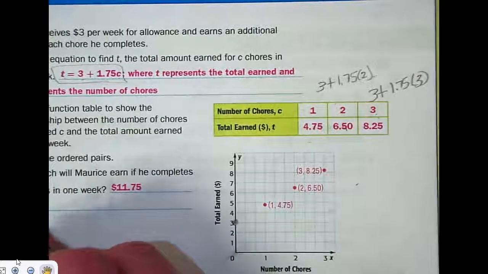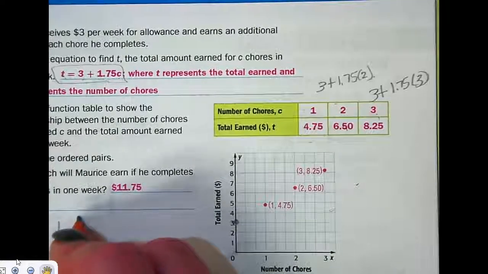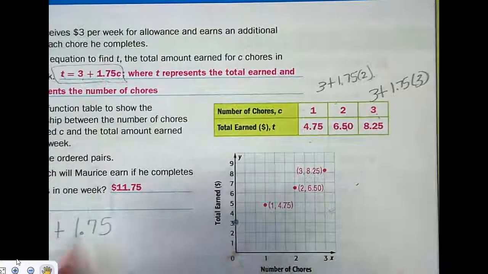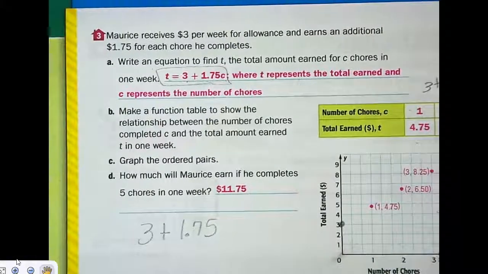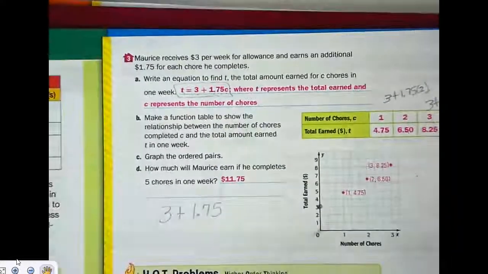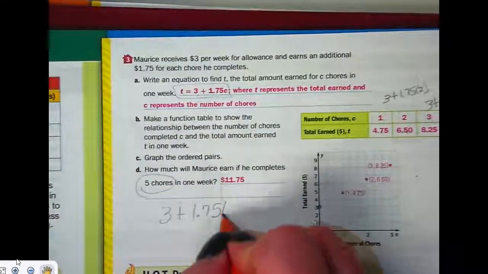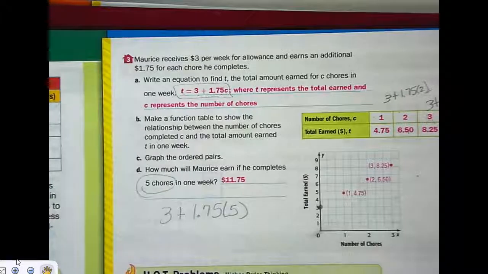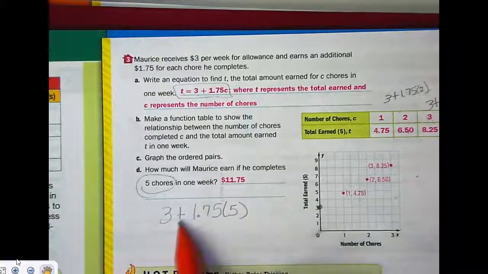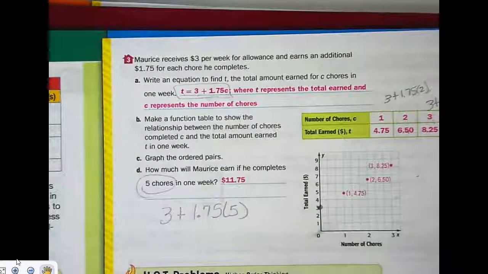So that would be $3 plus $1.75 times what? $3 plus $1.75 times, wait a minute, how many chores is it? 5. So $1.75 times 5. And so that should be $11.75.